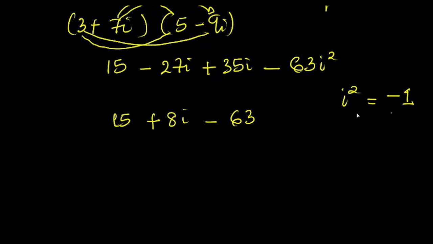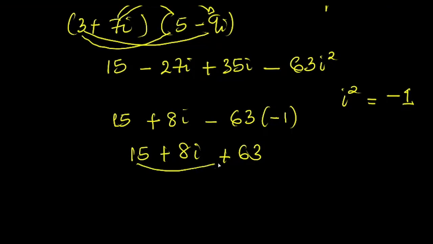Remember we said i squared is giving us minus 1. So if we simplify this, our final answer is 15 plus 8i plus 63, because minus times minus is plus. When we add the real parts, 63 plus 15 gives us 78. So this is 78 plus 8i, our final answer in this case.